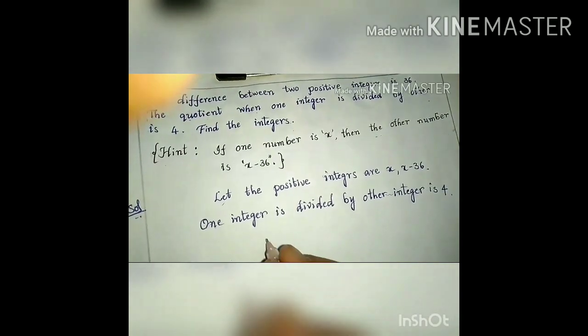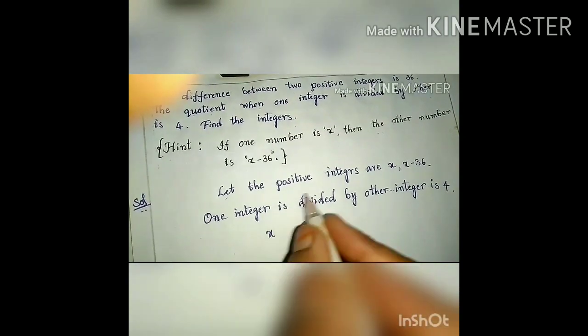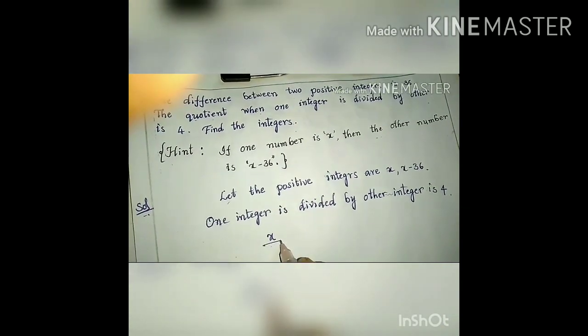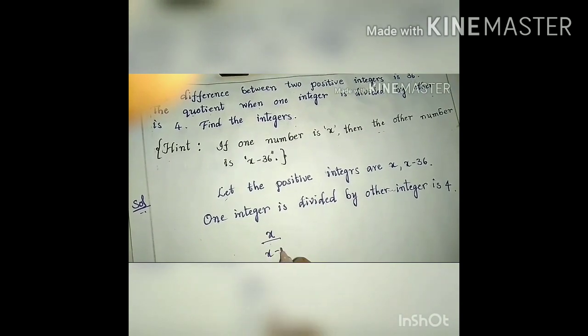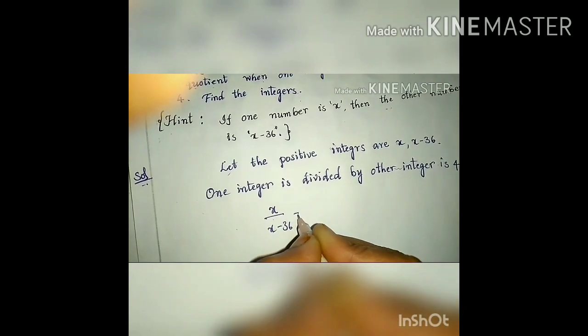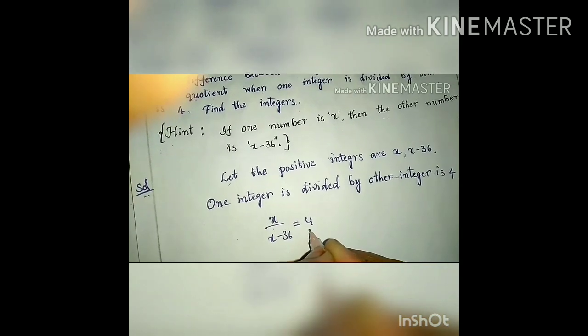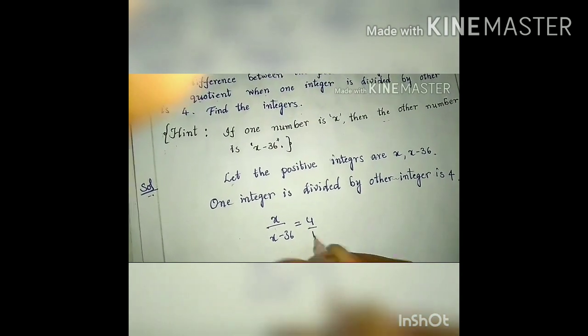It means the first integer x divided by the other integer x minus 36 is equal to 4. So there is no denominator here.